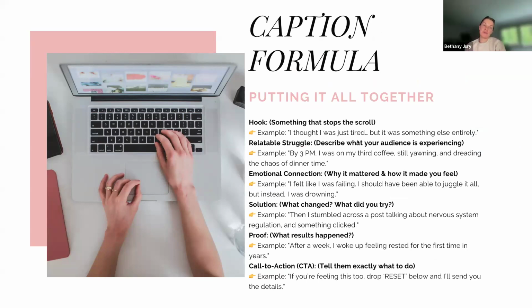What I would do is, if you've had a reel do really, really well, where it is about the product and it's getting a lot of likes, take that same reel and rework it with this caption formula, and try and do a new caption for it. Or pick one of your past captions that you thought was really good and rework it into this formula: a hook, relatable struggle, emotional connection, the solution, proof, and the CTA.